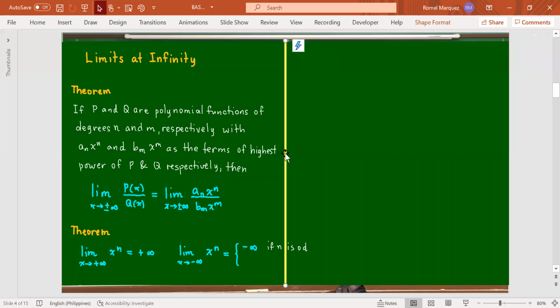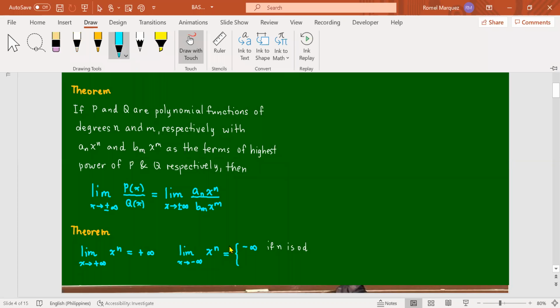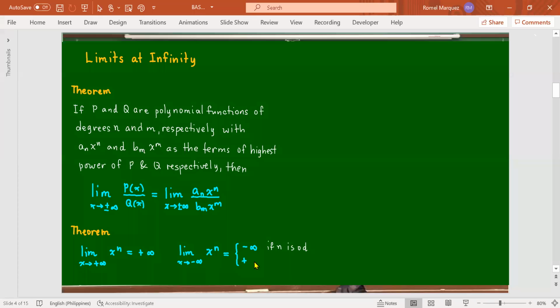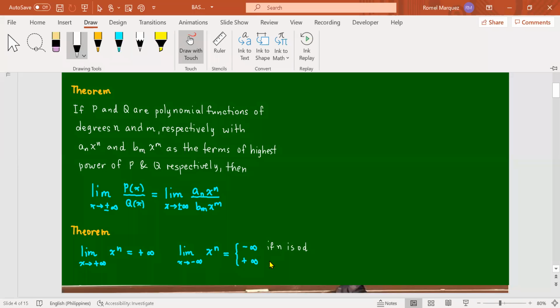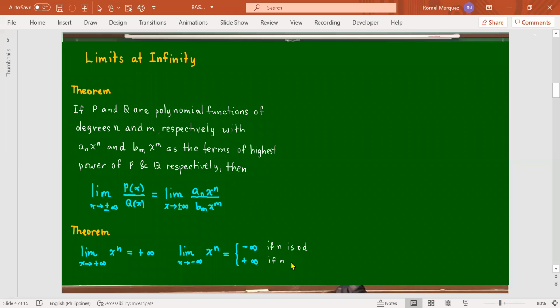And then what about if n is even. Infinity, no? If n is even. Okay? Did you get that, guys? Where n is a positive integer.